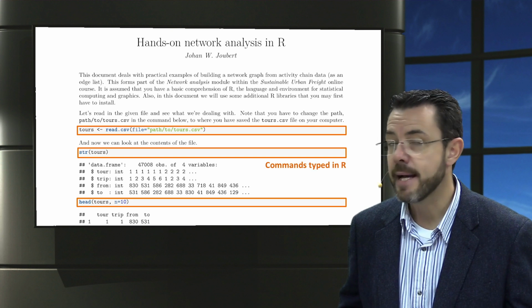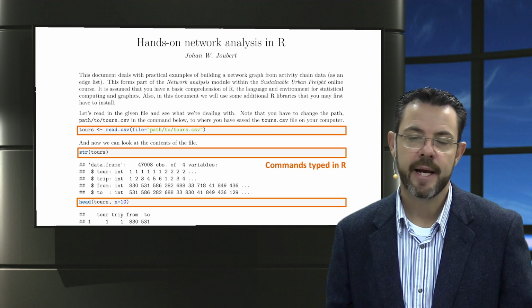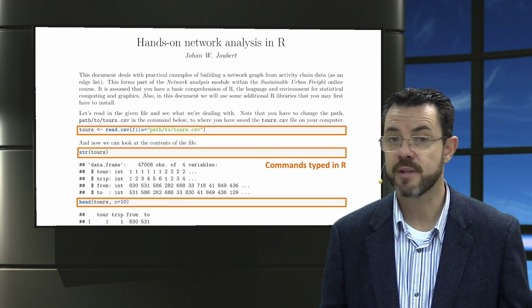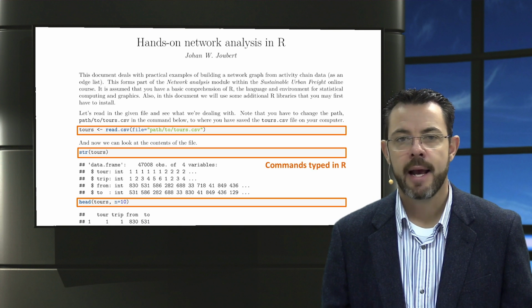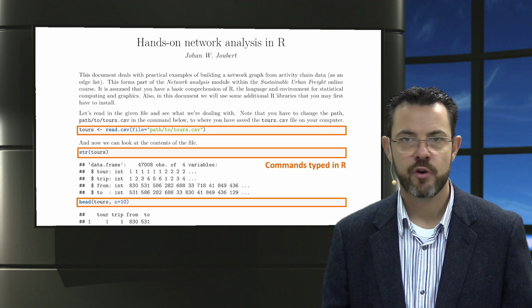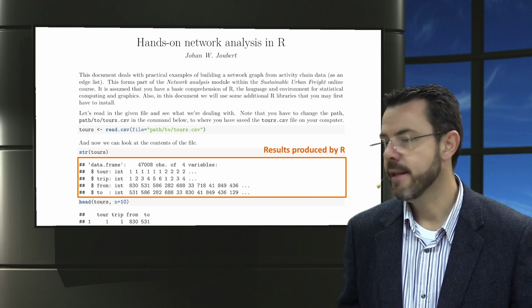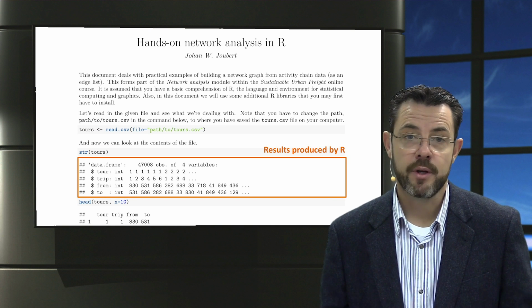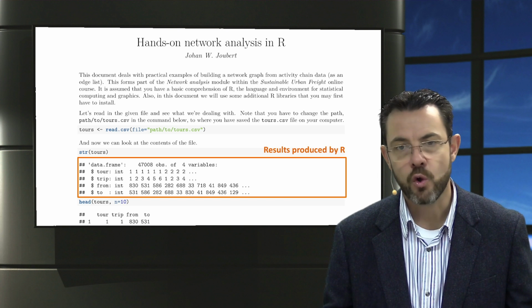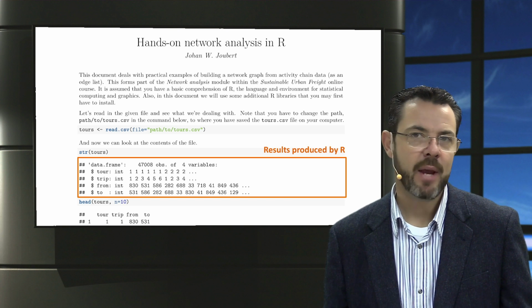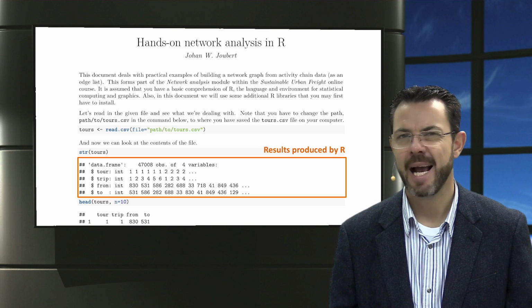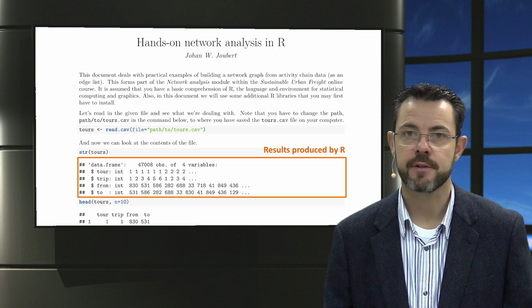Then, in these light gray boxes, you will find the commands that you have to execute in R. Copy and paste them or type them in line by line and hit the Enter key after each line. And then these lines with the two hashes in front is what R will produce as a result of your command. Now, we haven't always included the results in the PDF document, as it is sometimes quite a lot.